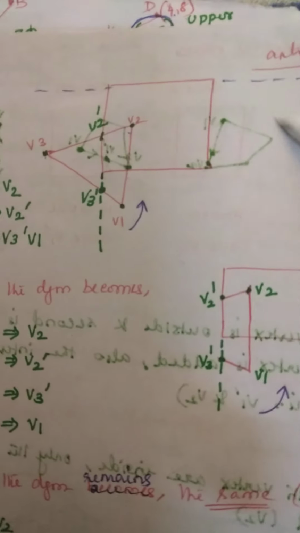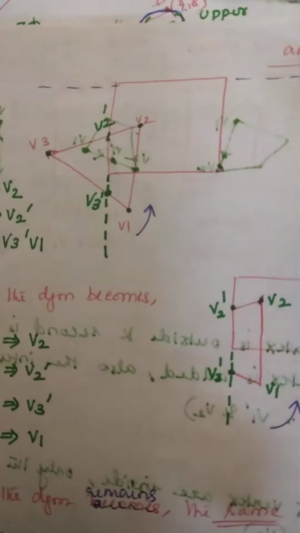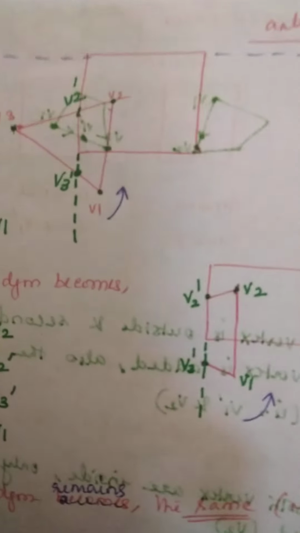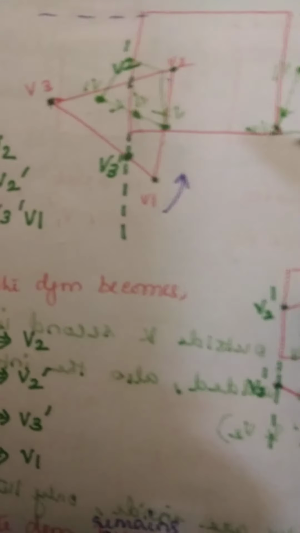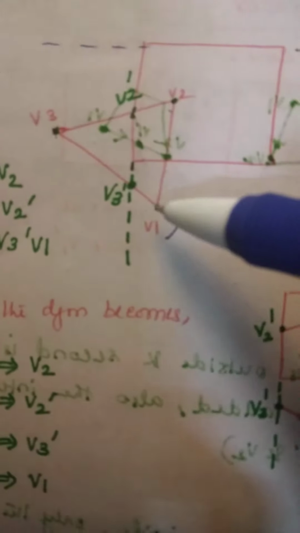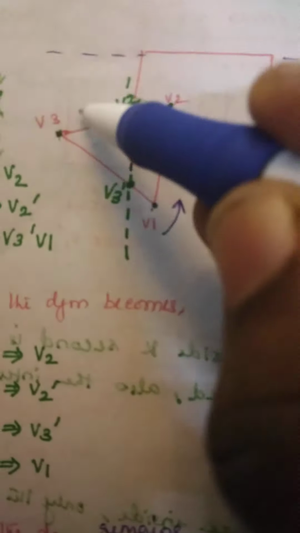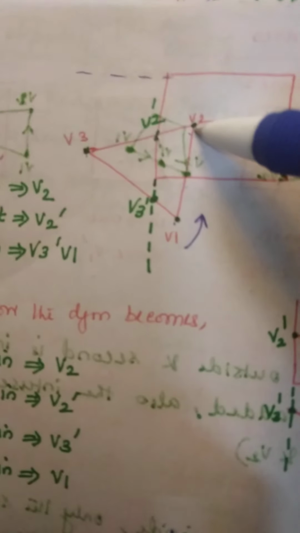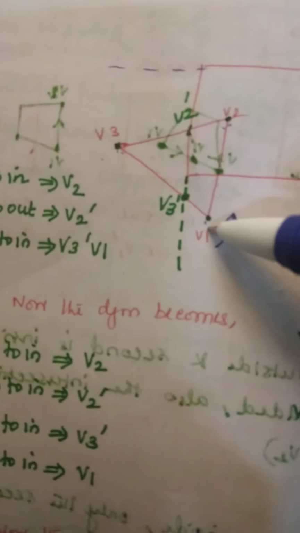This entire area is the boundary area, and this area we cannot accept. This algorithm works in anti-clockwise direction, so we have to start from this point. Anti-clockwise means in this direction. So V1 V2, V2 V3 and V3 V1.